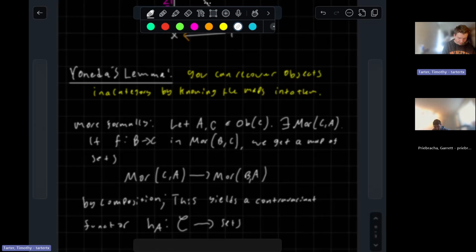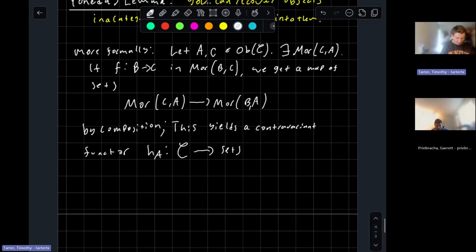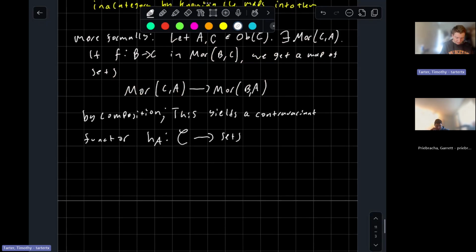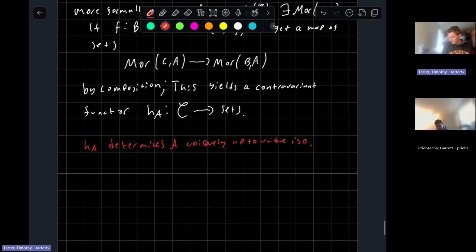I'm just going to clarify that this is the same script C. And then Yoneda's lemma says that H_A determines A uniquely up to unique isomorphism.